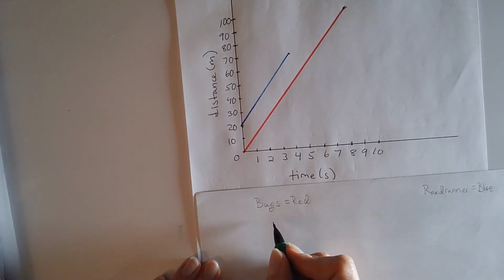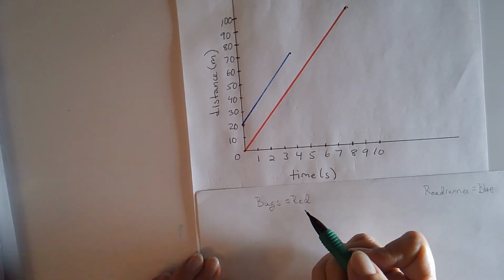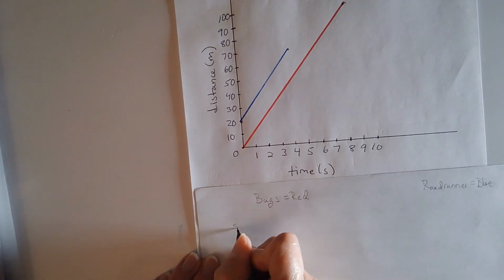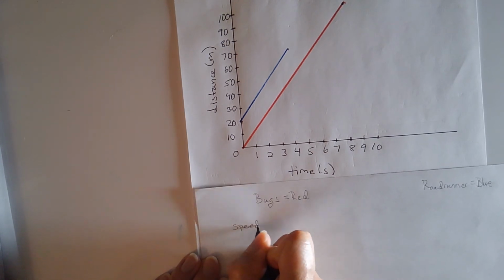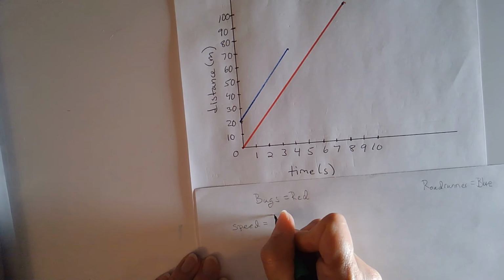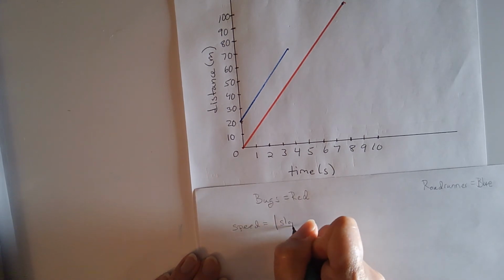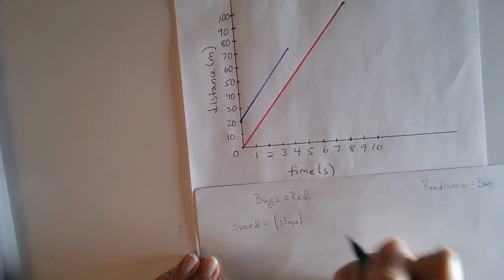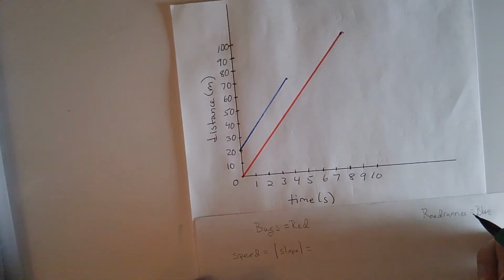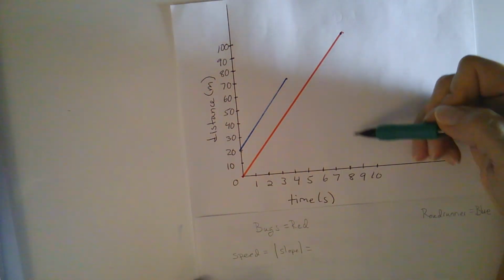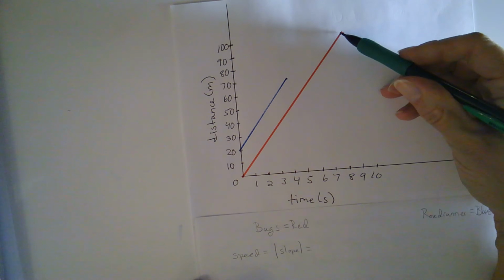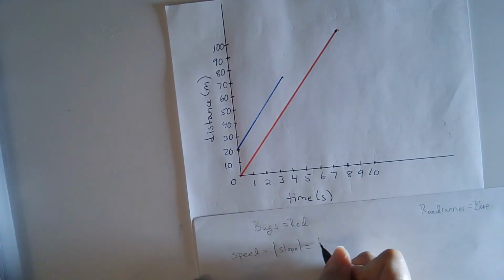All right, so if Bugs is red, we're going to look at what the slope is and find his speed. Well, average speed is equal to the absolute value of the slope. Okay? If we look at this, in a course of 8 seconds, Bugs runs 100 meters.